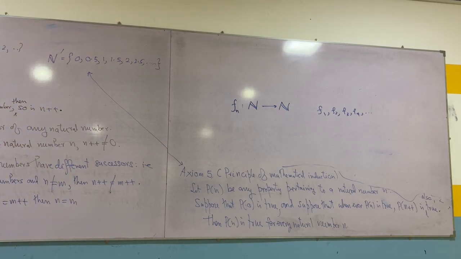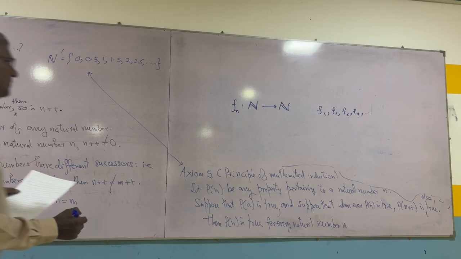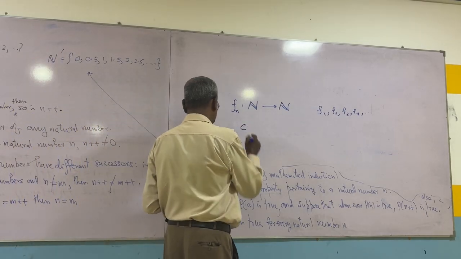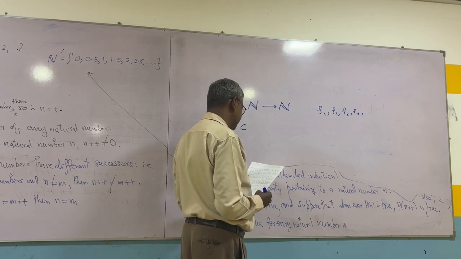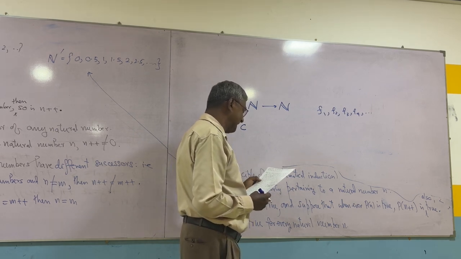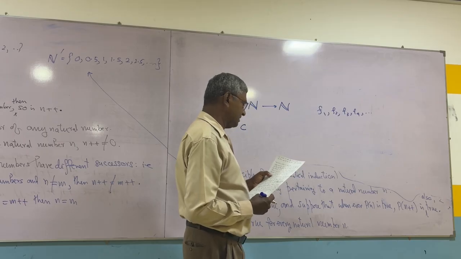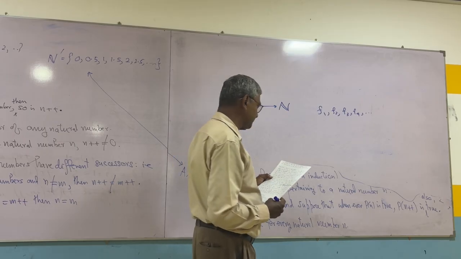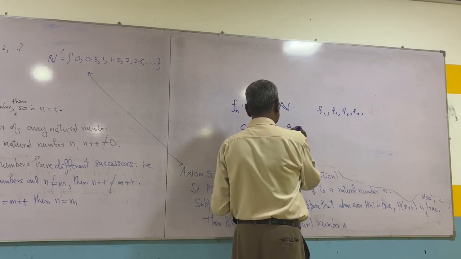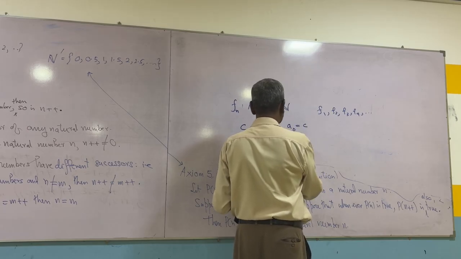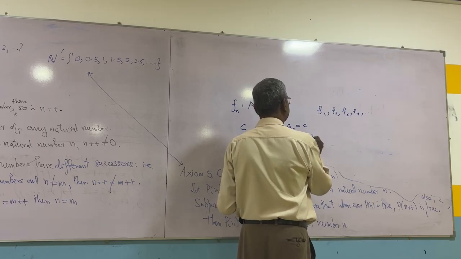For each natural number n, we have some function fn from the natural numbers to the natural numbers. Let C be a natural number. Then we can assign a unique natural number an to each natural number n such that a0 is equal to C, and an plus 1 is fn of an.